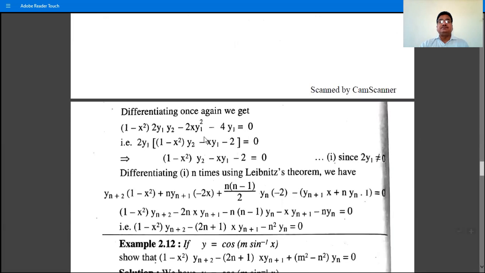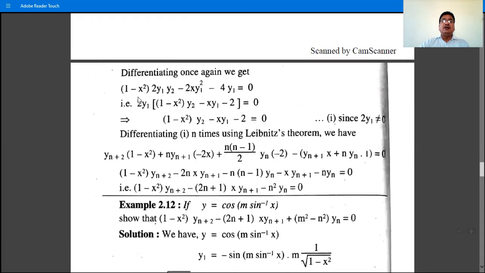Then take 2y1 as common, or divide throughout by 2y1. If you take 2y1 as common, we have (1 minus x square) y2 minus x y1 minus 2 is equal to 0. Shifting this 2y1 to the RHS, it is divided by 0, so this quantity is not equal to 0.